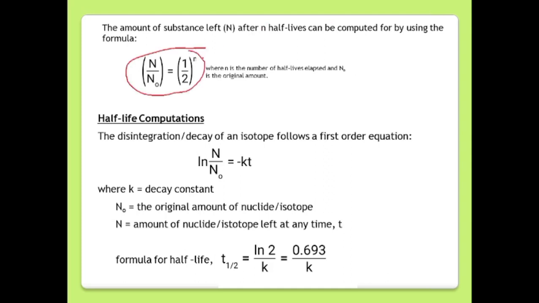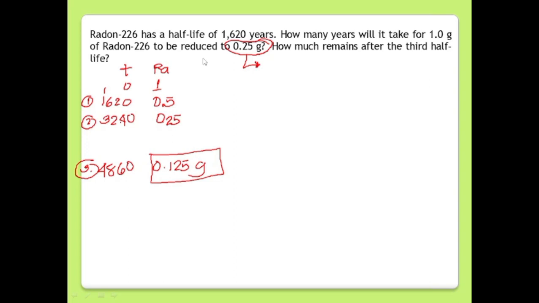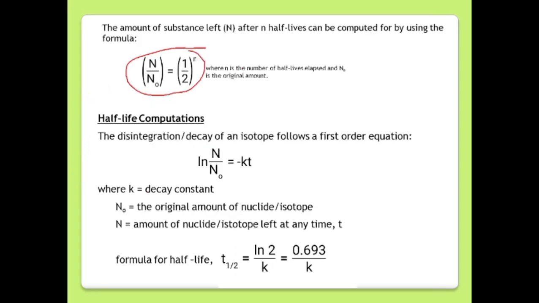So, yung kanina, yung tinatanong sa atin is, how much remains after the third half-life? Where yung N0 natin is the initial amount, kasi 0 pa lang yung time natin. Ang N naman is the amount of nuclide or isotope left after any time t. So, N0 is the initial and N is the remaining.